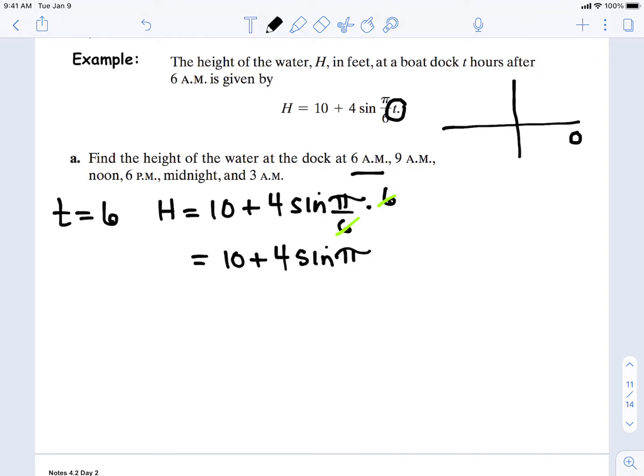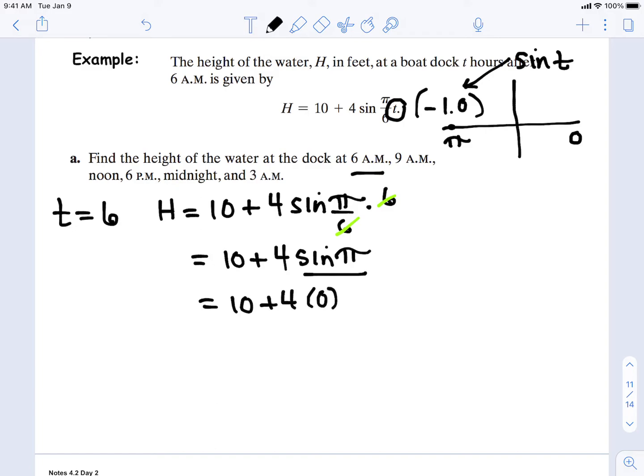Here's 0 radians, and here's pi over here. It has the ordered pair -1, 0. Remember the y is your sine value. So the sine of pi is 0. So 10 plus 4 times 0. 4 times 0 is 0, so you get 10. So when the time is 6 a.m., the height of the water is 10 feet.